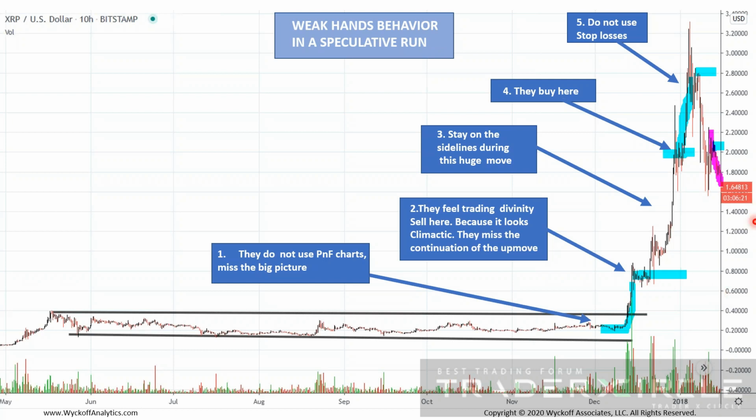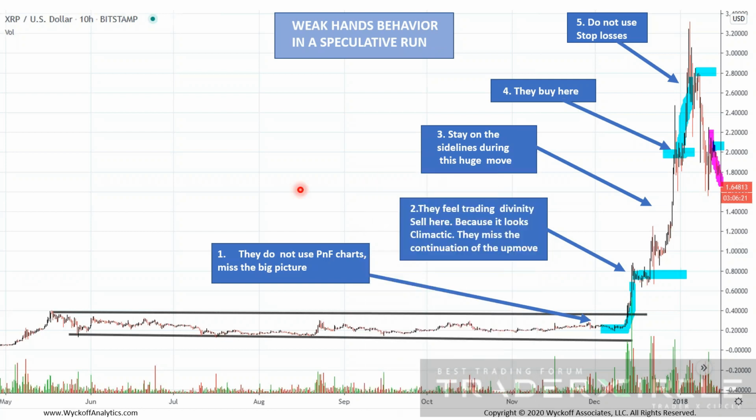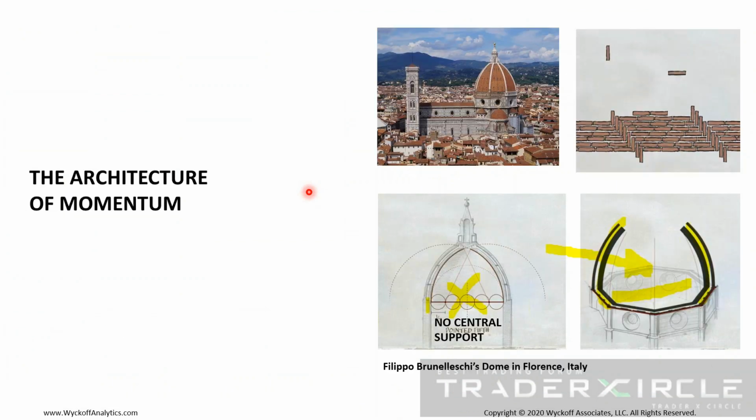So every time I watch these parabolic moves, I think of this story. In Florence, in Italy, you can find the biggest dome in the world. Domes are generally built using a central axis support.